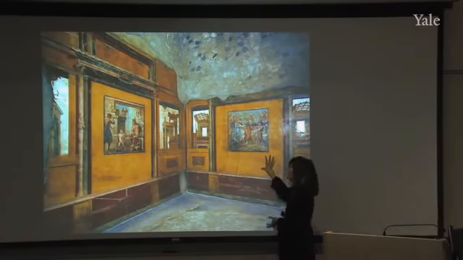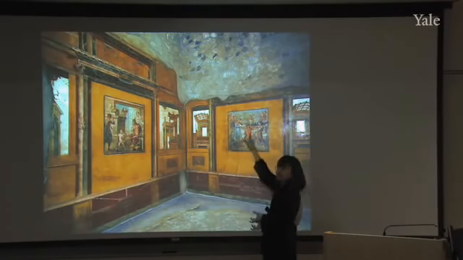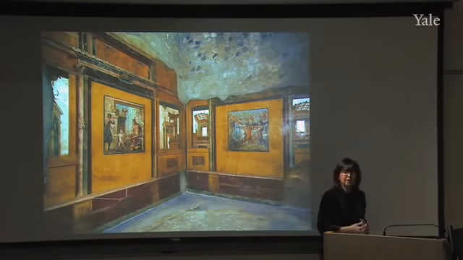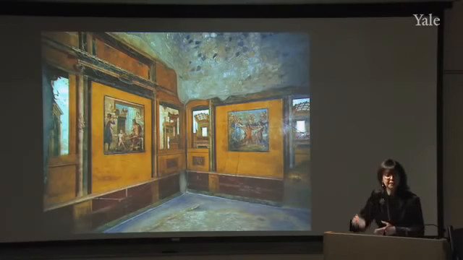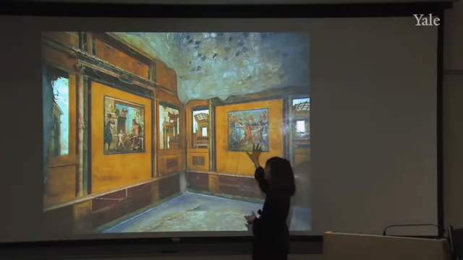you can see that the main parts of the wall are flat with a panel, a mythological panel picture that is surrounded by a frame, just to make absolutely sure that the viewer understands that what they are looking at here is a panel picture that hangs on a flat wall, not a window into something that lies beyond.